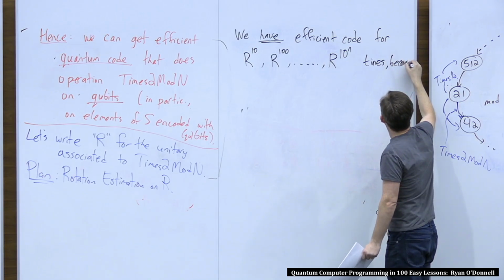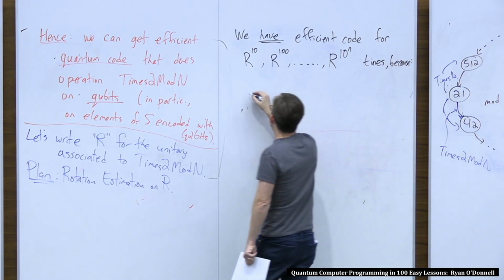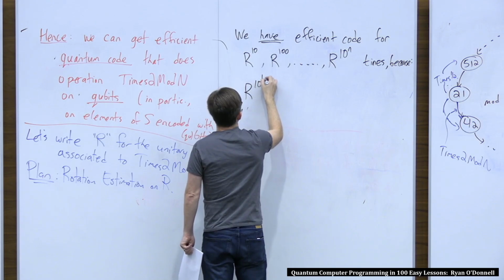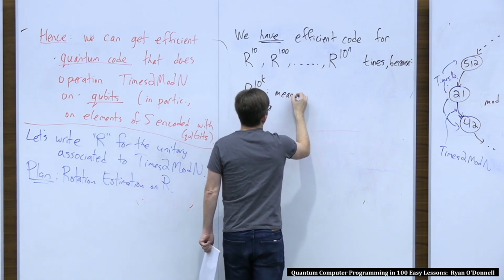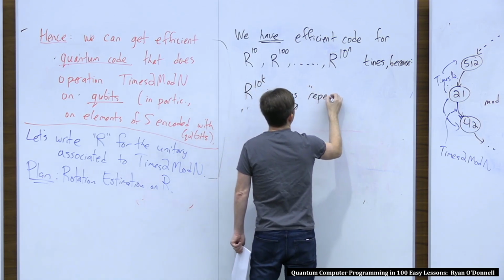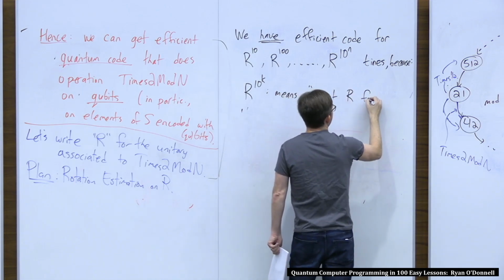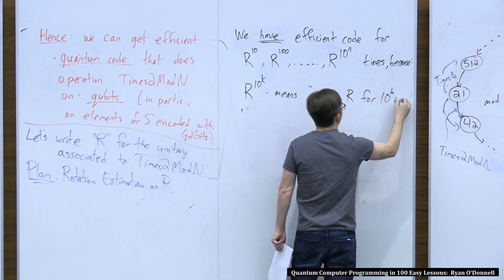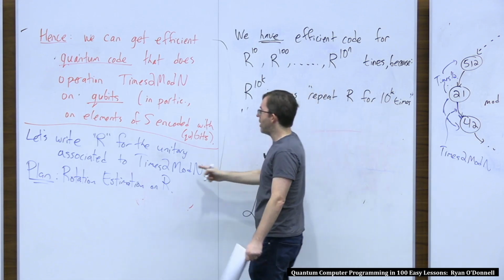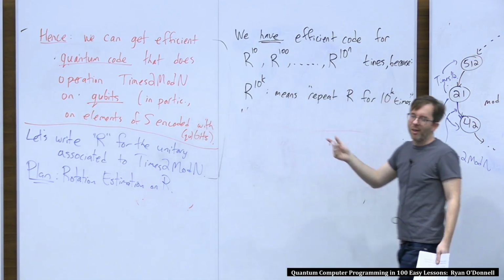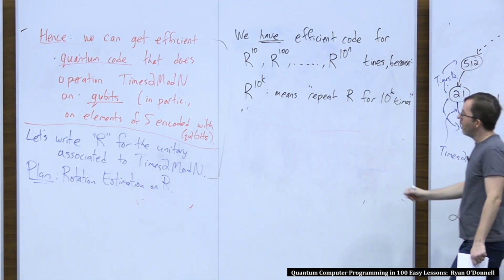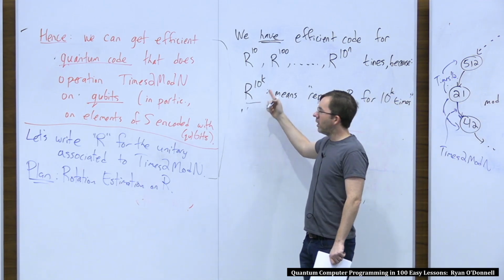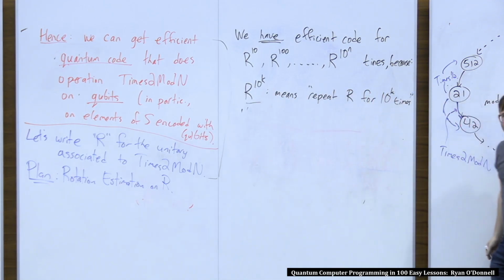Because, well, what does it mean? What is R to the 10 to the k? This means repeat R for 10 to the k times. But what is R doing? It's just doubling mod n. So this means double a number 10 to the k times.